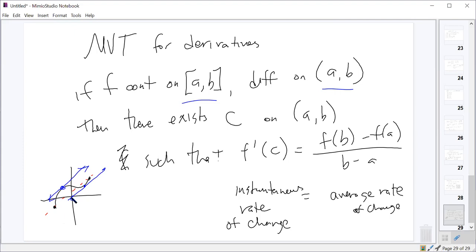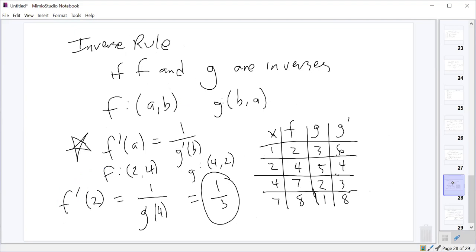Everybody good with that? That will often pop up in charts as well. We could go back to this last chart we were looking at. If we talked about the function g of x and we said that g was continuous and differentiable for all x, and I asked, is it true that somewhere on the interval 1 to 2, g has a slope of 2?